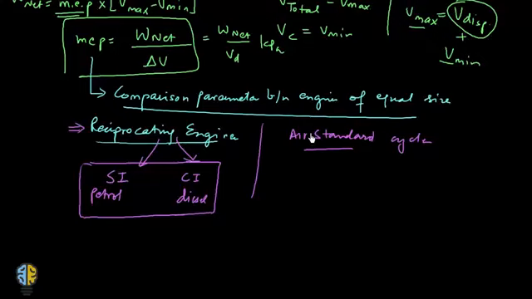Now, the working fluid, that is the fuel air mixture, undergoes permanent chemical change due to the combustion, and the products of combustion after doing work are thrown out of the engine and a fresh charge is taken in. So the working fluid does not undergo a complete thermodynamic cycle.